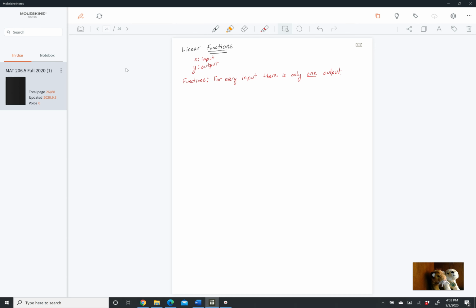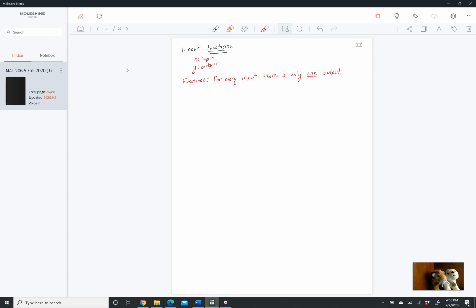So, for example, if you put $2.75 into the machine, you're going to get one ride. If you put in $3, you're also going to get one ride. That's okay. It's okay if different inputs give you the same output, but it's not okay the other way around. If you put in $2.75, you're only going to get one ride. You won't get one ride or two rides. You'll only get one ride.